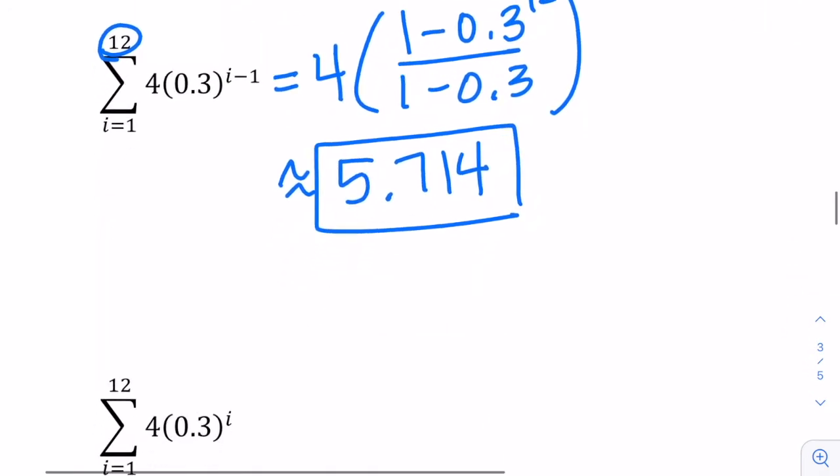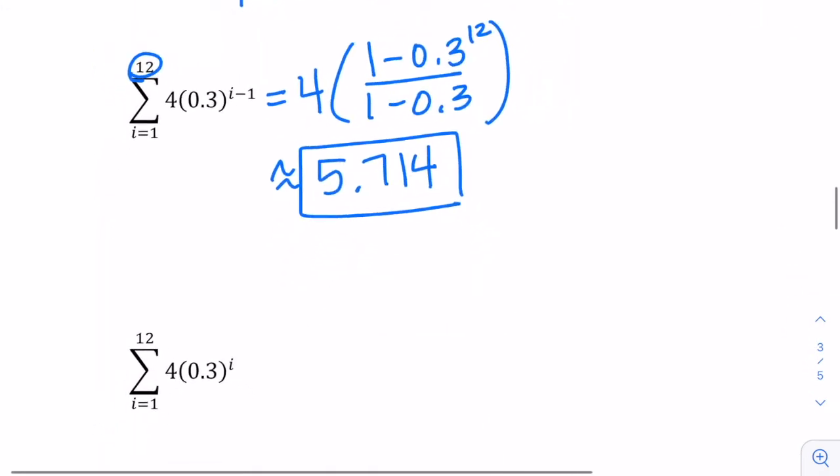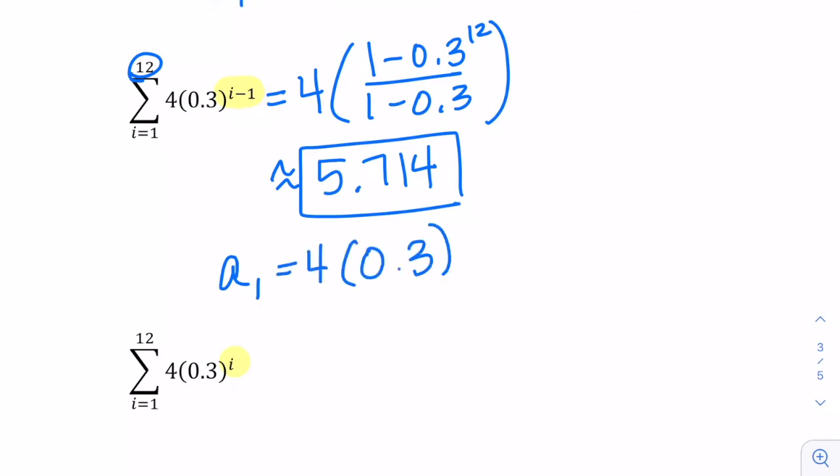Okay, so looking at this next one, it looks very similar to the one right before. But just notice that this exponent was i minus 1, and this exponent for the next one is just i. So just be careful when you're finding that first term, it's going to be different. So 4 times 0.3 raised to the 1 is that first term.